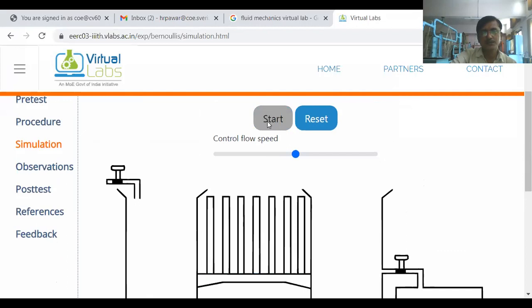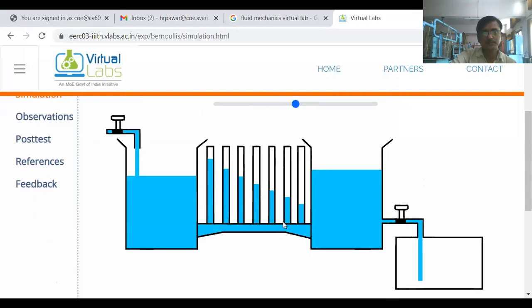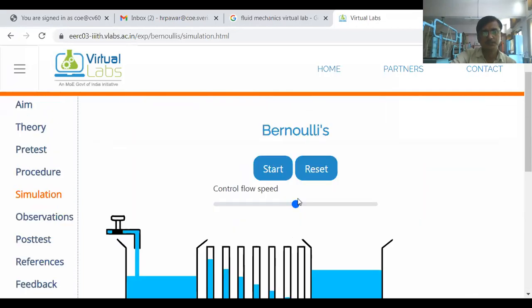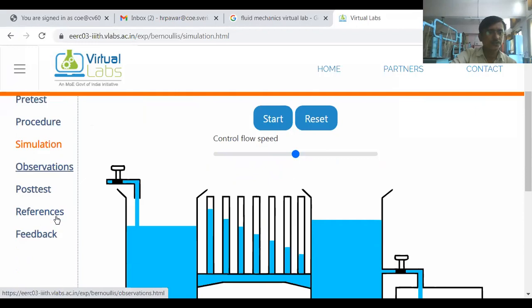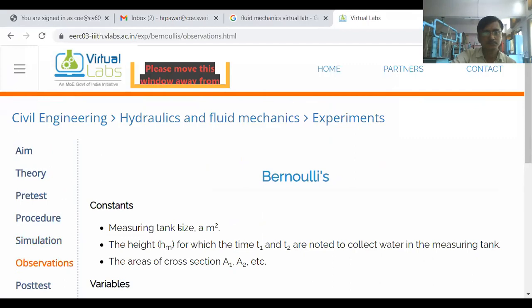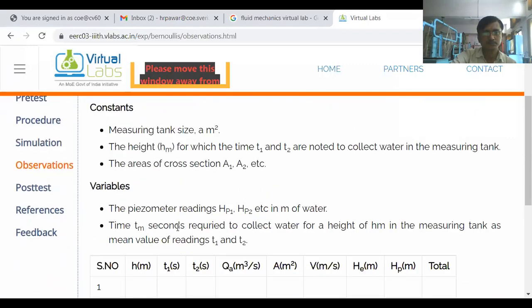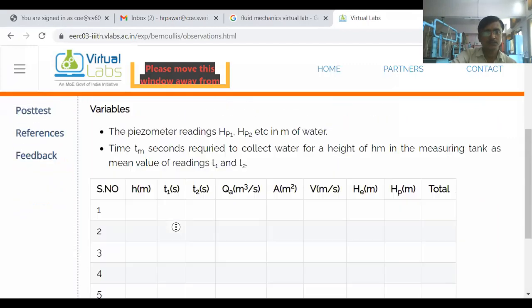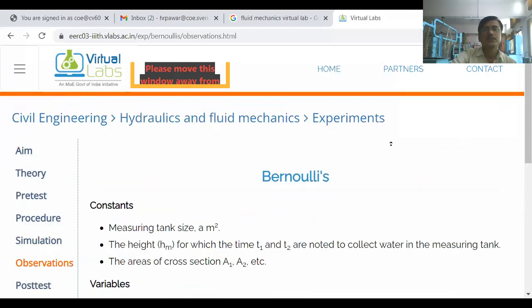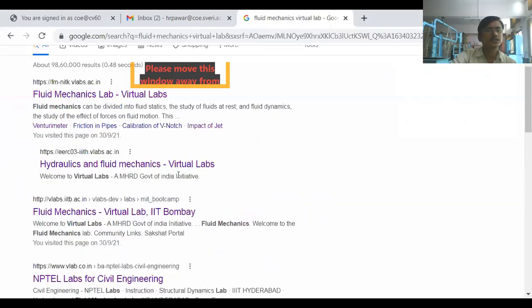It is just a start and stop kind of work. This much is the only simulation they have given here. This is the table for the experiment they have given. So instead of using this website, we will see another website also. I will close this website and we will see the third website here.